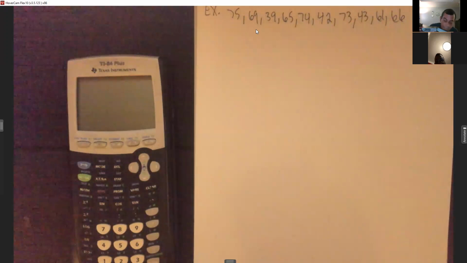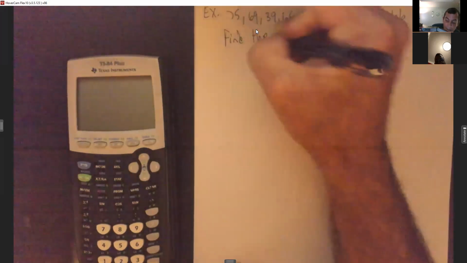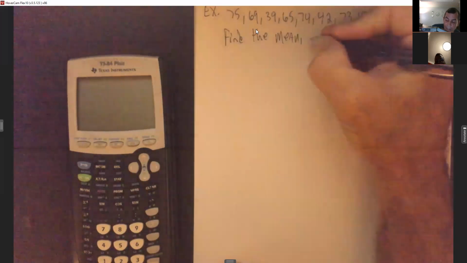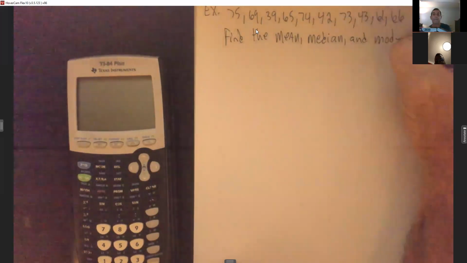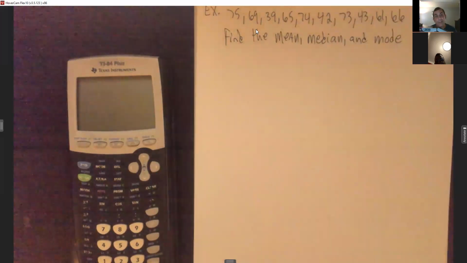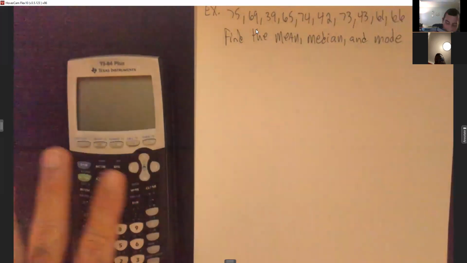They want us to find the mean, median, and the mode. Now, I'm actually going to show you how to do this one on the calculator after I do it by hand, okay? So I'm going to show you two ways on this one. And then you'll have this video to go back and see how I was putting everything into that calculator. So the first thing we'll do is find that mean.